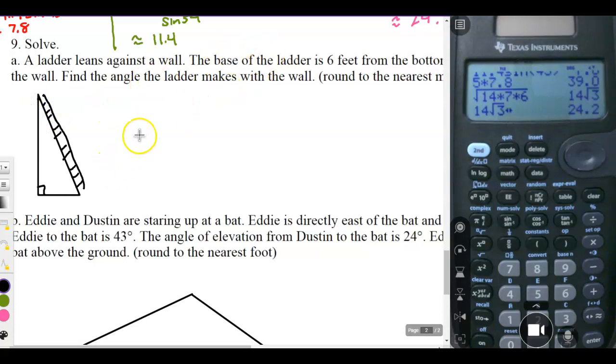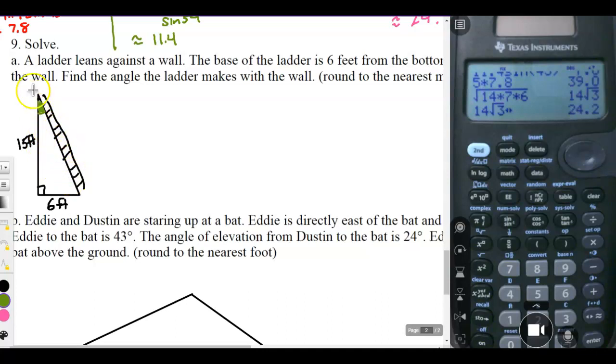Alright, it's 6 feet from the bottom, so I know this is 6 feet down here. And it is 15 feet tall. And it's asking, what is the angle the ladder makes with the wall? So here's the ladder, here's the wall, so it's asking for this angle right here at the top.